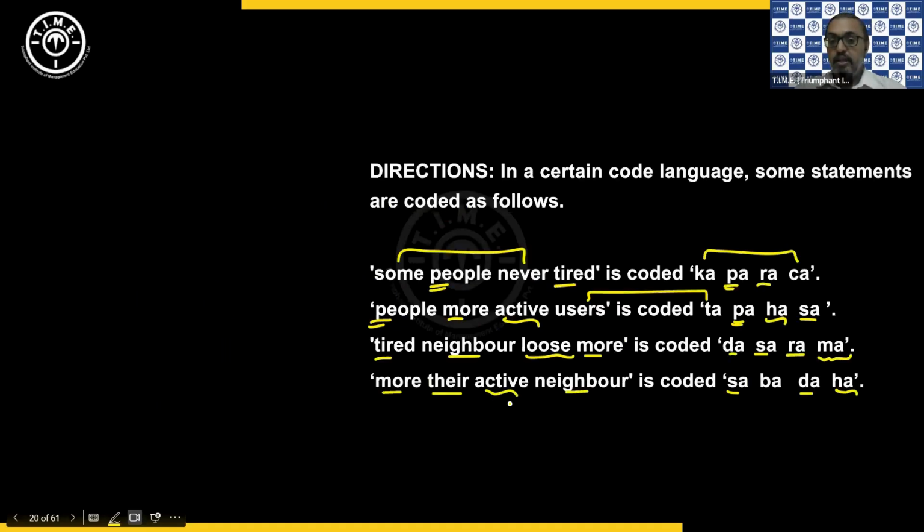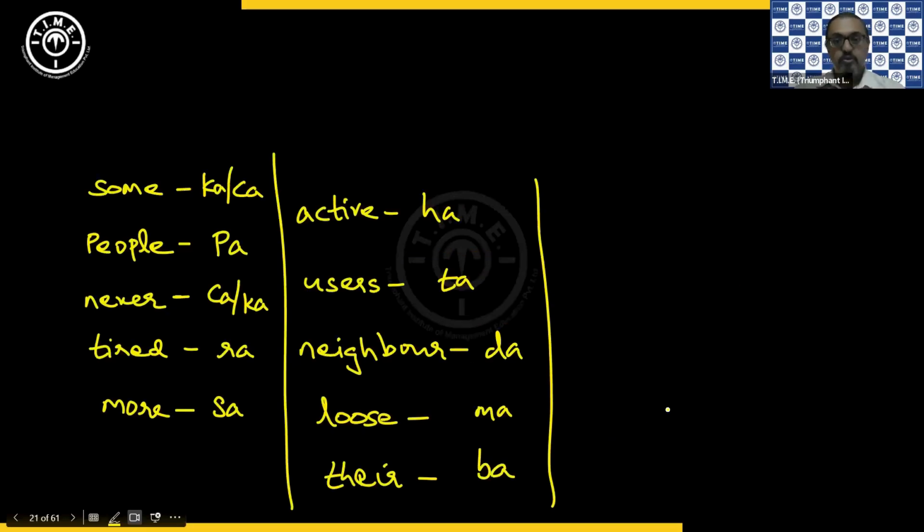And there is the only remaining word, and the code we have is BA. So that way, we can get the codes. Now, because you have the codes, you don't need to go back to the table again for checking for every question. So that's the advantage. Now, once you have these codes with you in your rough sheet, you can start answering the questions.